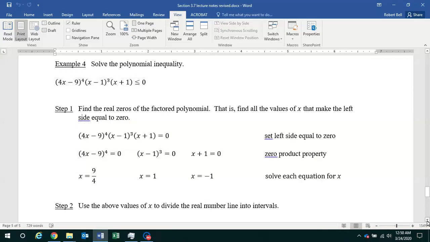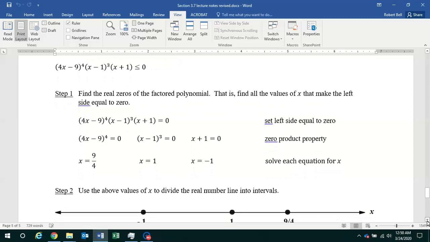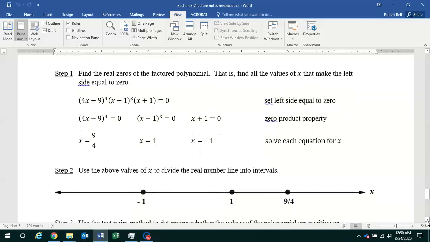We then plot those three numbers on the real number line to divide the real number line into 4 intervals. And you will notice that when I plotted these three numbers, I have closed circles, not open circles. That's because these three numbers are in our solution set.